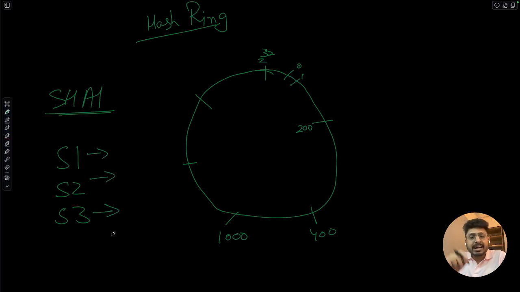Now, to make sure that the hash value falls within the hash space that we have, that is 2 to the power 32, we would mod the output of the hash function with 2 to the power 32. Now we get the exact index, right? This is where the servers are placed around this ring.